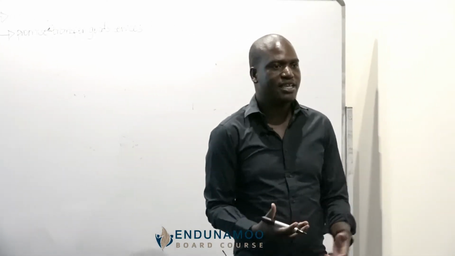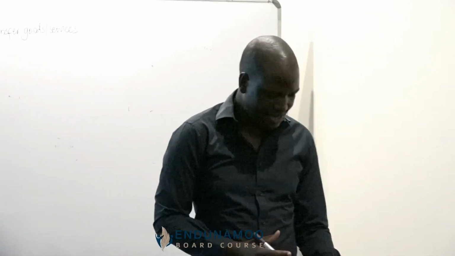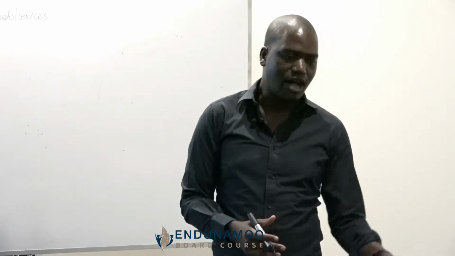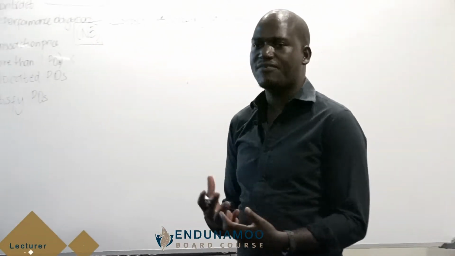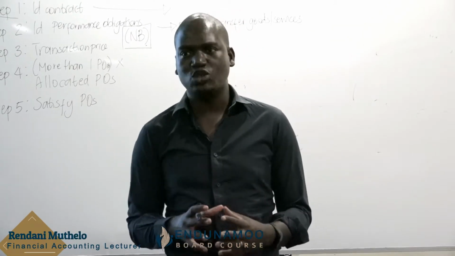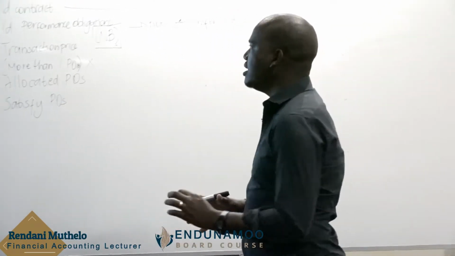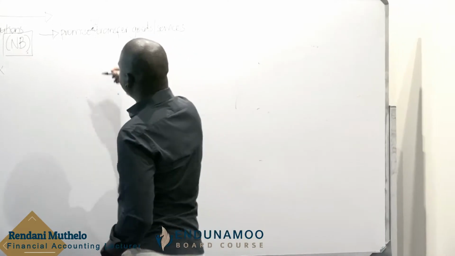So what they are saying is that if I come to you and say that if you give me 100 rands, I'll give you this. My performance obligation is to deliver this altogether. But then they went on further to clarify that the goods that we are talking about are actually goods that are distinct.